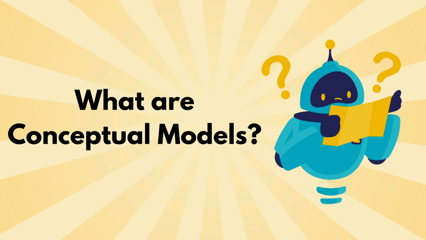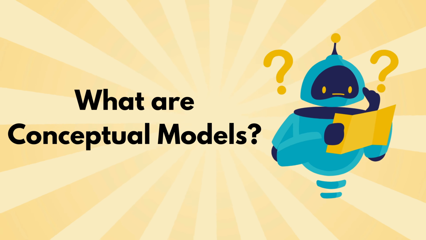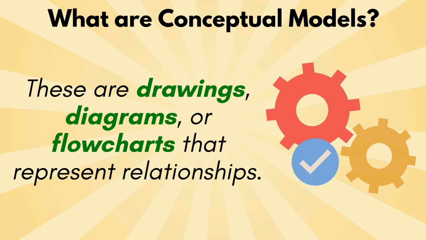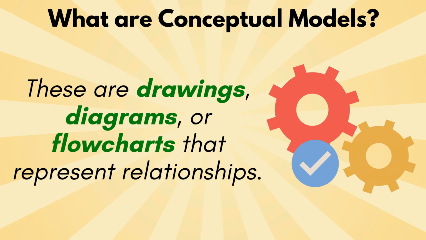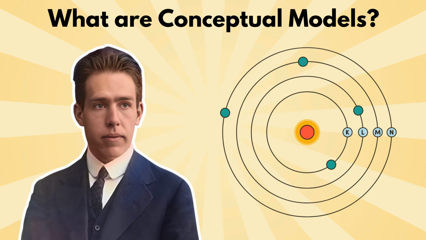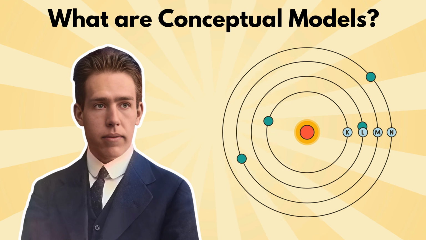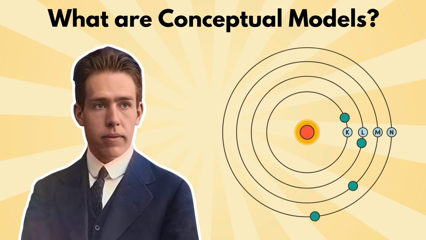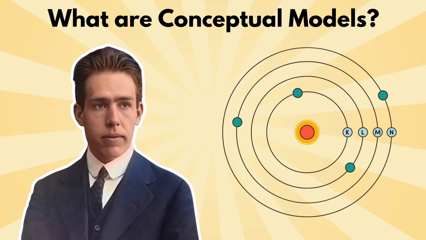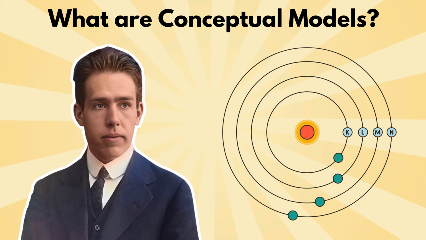The second type is conceptual or visual models. These are drawings, diagrams, or flowcharts that represent relationships. Think of the Bohr model of the atom, electrons orbiting neatly in circles. It's not 100% true, but it gave people an image to work with.